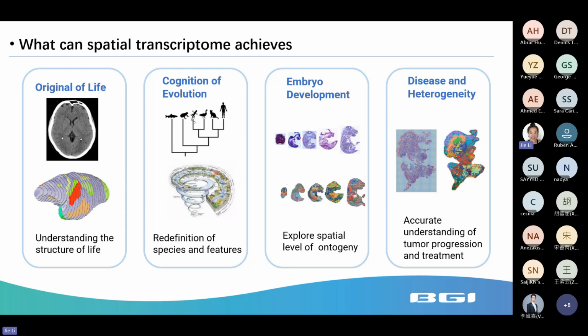In the field of ecology and environmental protection, spatial omics can also be used to study the spatial distribution of pollutants and their toxic effects, which provides scientific support for environmental conservation.